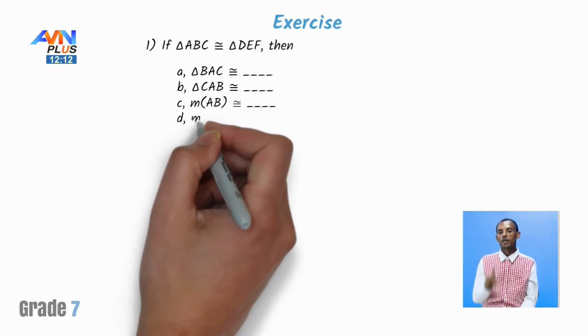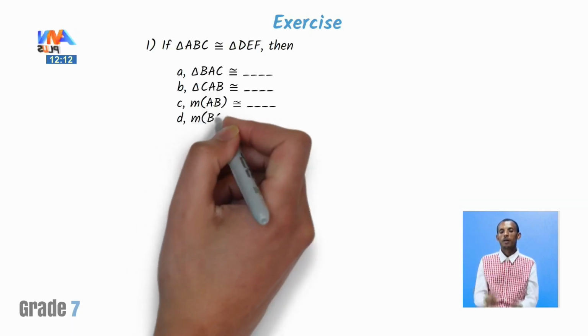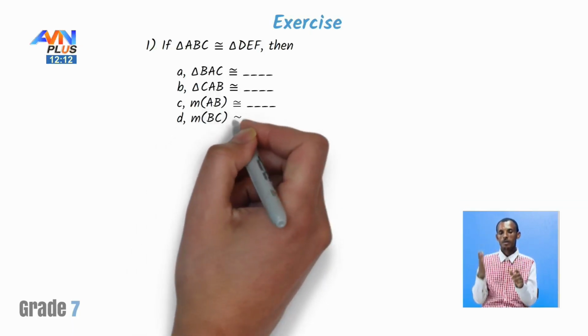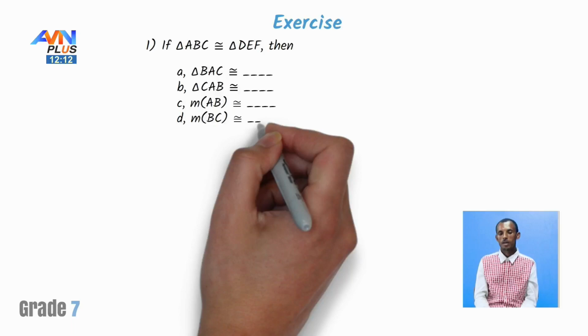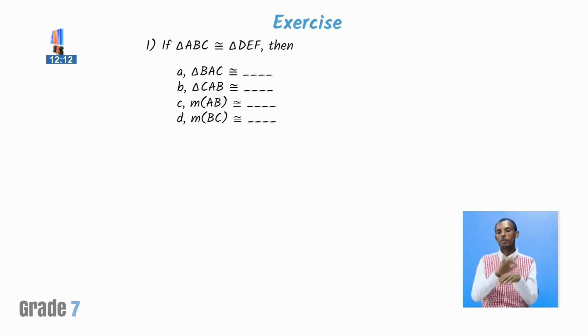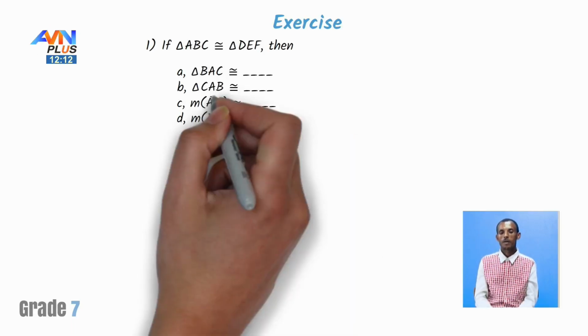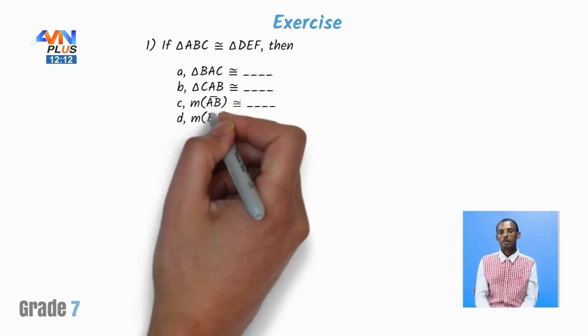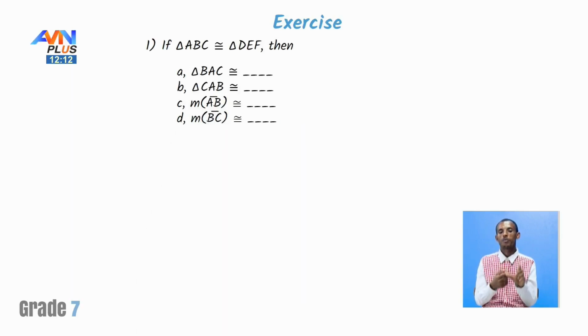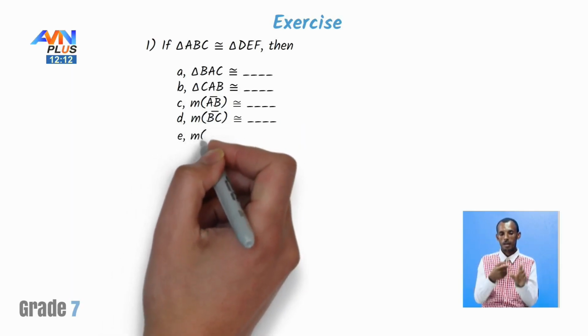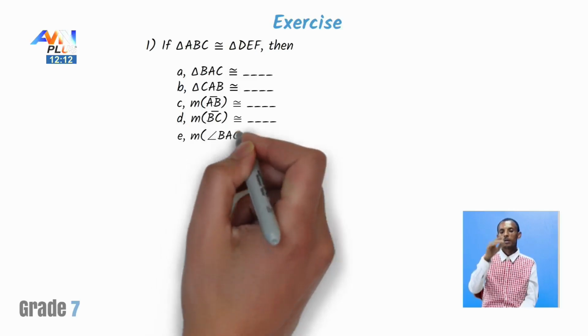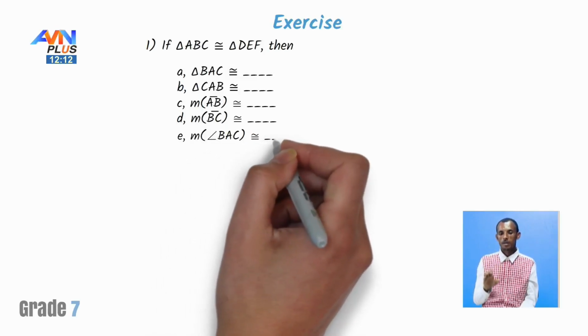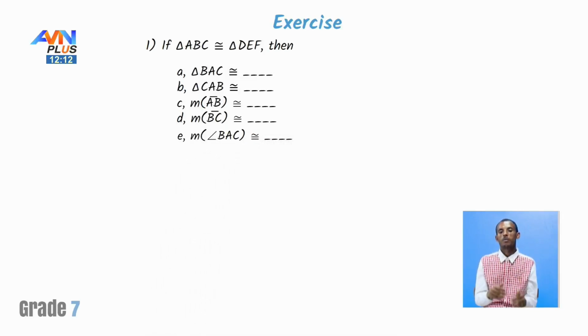D, measure of side length BC is congruent to blank. E, measure of angle BAC is congruent to blank.